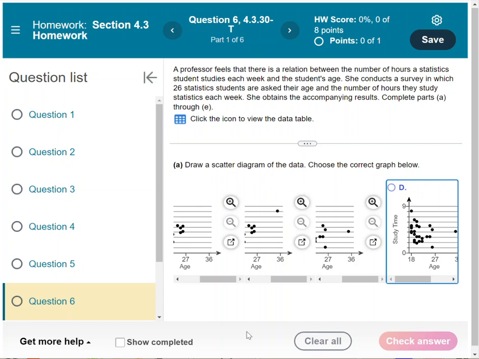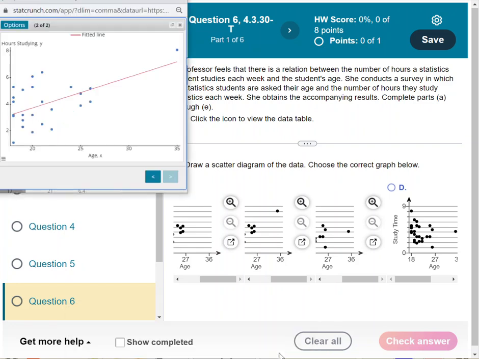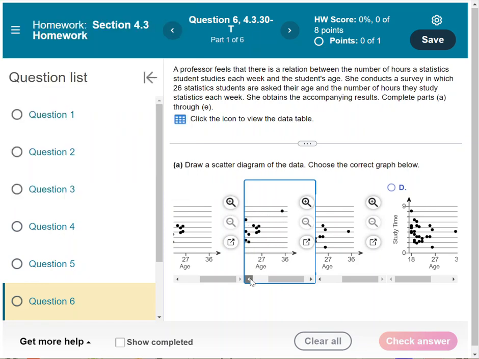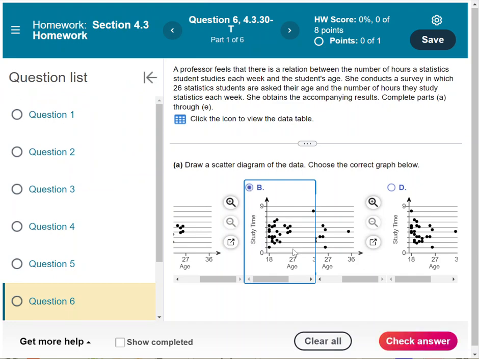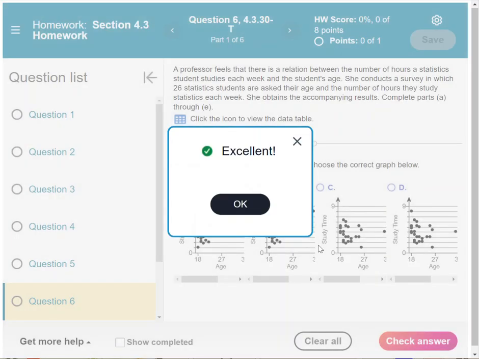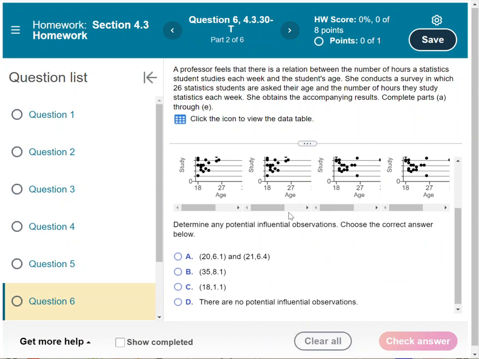Let's go back to our graph. And it looks like it's got to be this one here because it's higher. I guess that would be 8. So let me just move that. Looks like that's the right one. Okay, so that was good.